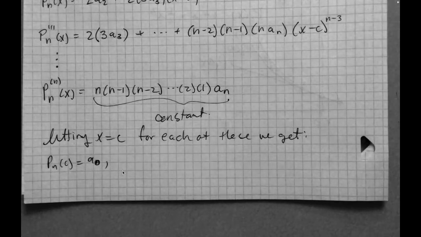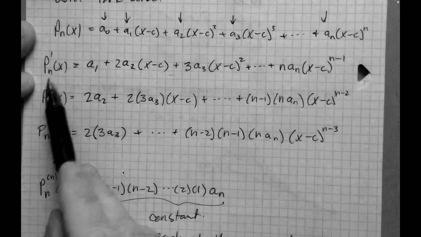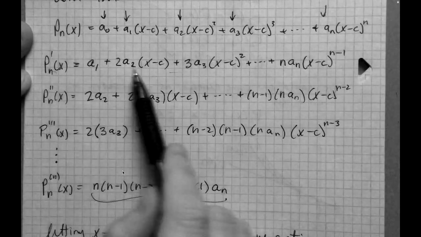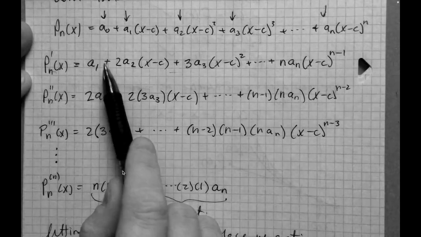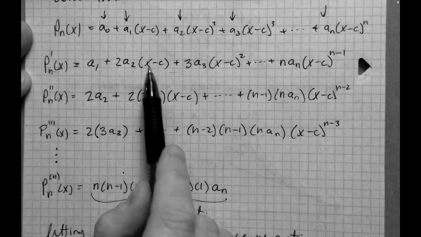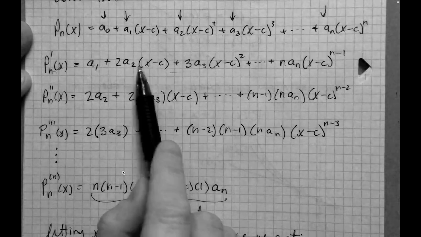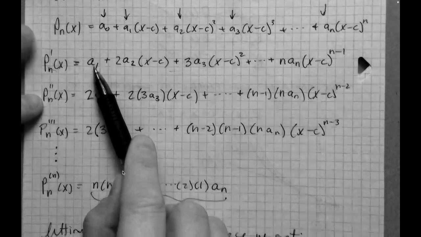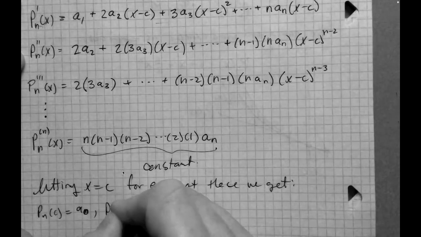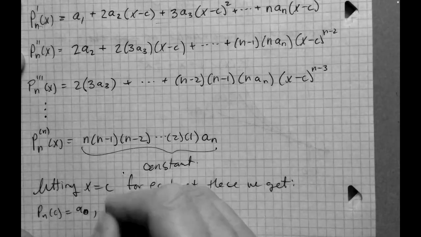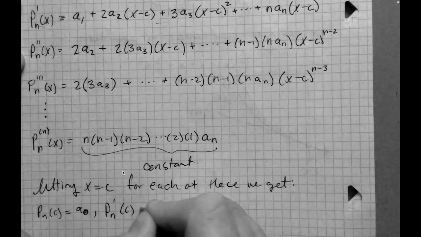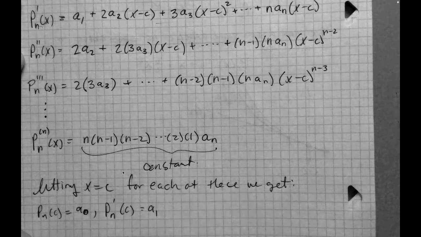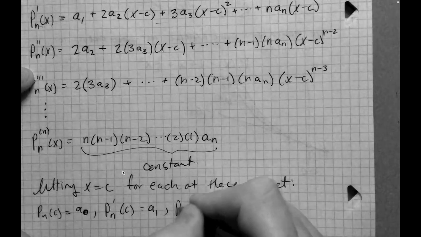What about the first derivative? What do we get for the first derivative when we plug in c? Well, this is a of 1 plus 2a2 times c minus c, which is 0. Here you also get a 0. All of the terms will be 0 except for the first one. So the first derivative of p of n evaluated at c will be equal to a1. And this continues.